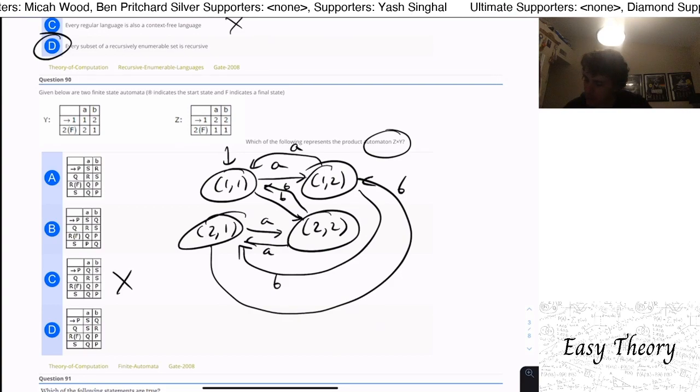Yeah, so C can't be the answer because there are 3 occurrences of Q here. So there must be 2 of each. So, yeah, C is not the answer.